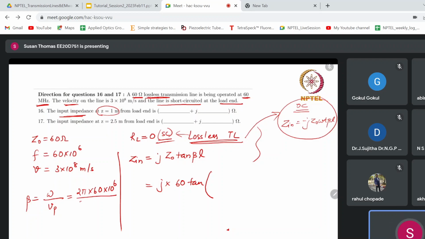And what is Vp? 3 into 10 power 8. So you get it as 4 pi by 10. So beta is 4 pi by 10. Beta into L is 1. So that will be Zin. Can we have an answer?